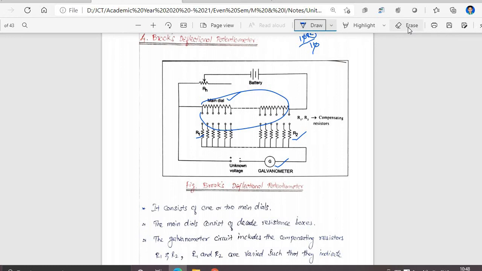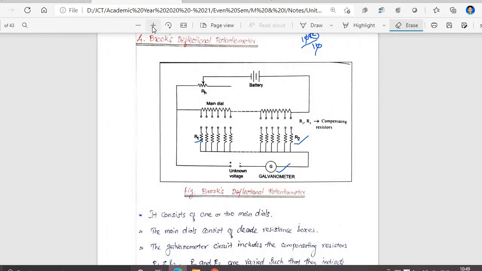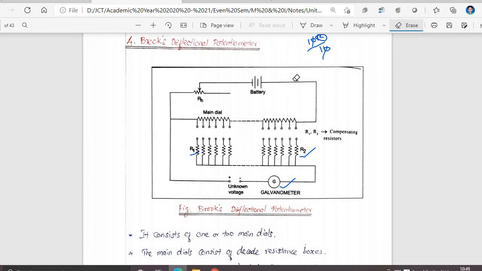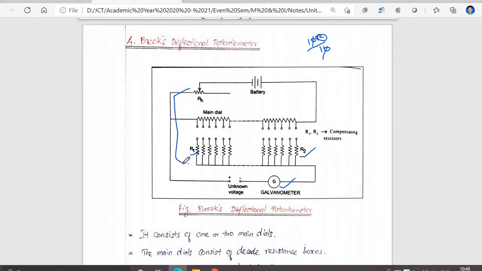Both are connected in parallel. First, the circuit explanation: a known battery source is connected to the variable resistance, because initially we have to give a supply voltage to the main dial, and the same voltage flows through the main dial.